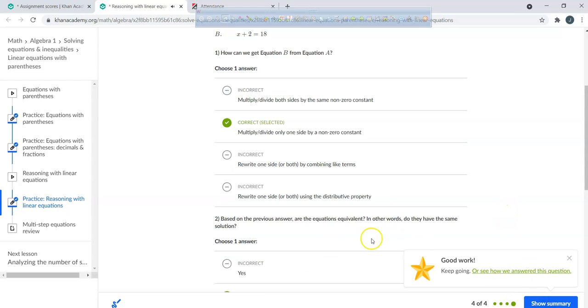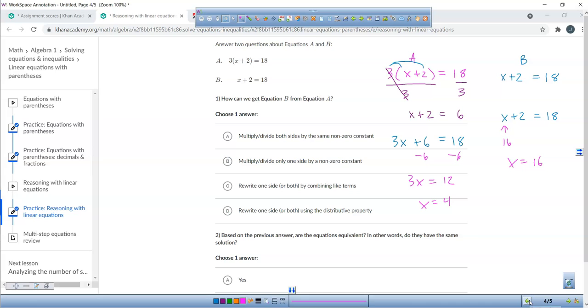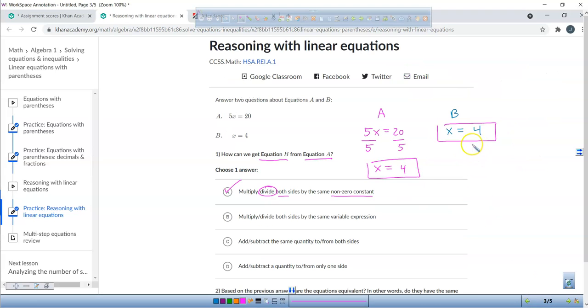All right. So in review, what do you guys have to do on this? You have to read the question carefully. You need to set A up. You need to set B up. Try to get B equal to A, and whatever you had to do to get B equal to A, that's going to be this answer. The second answer is whether the equations are equal to each other.